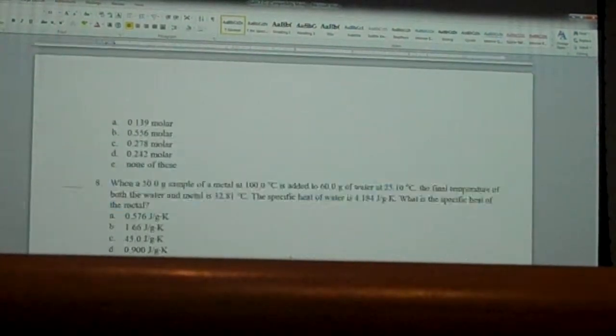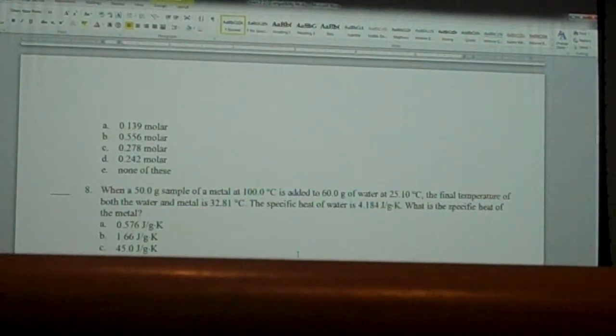Let's look and see how I might do a calorimetry problem. Those are good questions. Here's one. Can you guys see this in the back? When a 50-gram sample of metal at 100 degrees Celsius is added to 60 grams of water at 25.1 degrees Celsius, the final temperature of both the water and the metal is this.